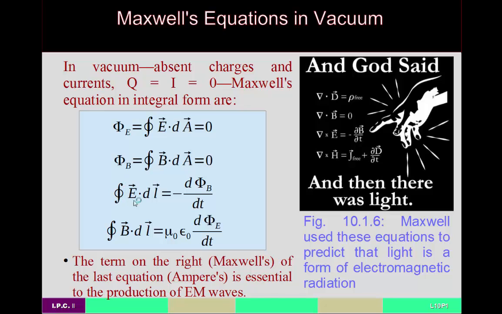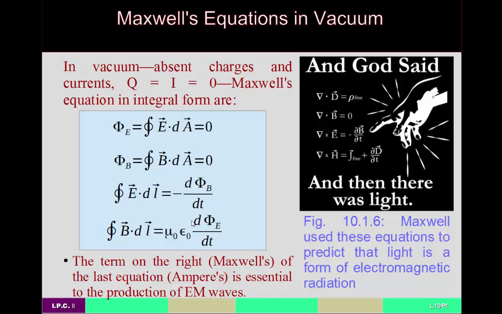And here the integral of E dot dl is negative dΦ_B/dt, and the integral of B dot dl is a couple of constants times dΦ_E/dt. In other words, the integral of the electric field around a closed path is equal to the negative of the change in the flux of the magnetic field with respect to time, and the integral of the magnetic field about a closed path is equal to a couple of constants times the rate of change of the electric field flux with respect to time.